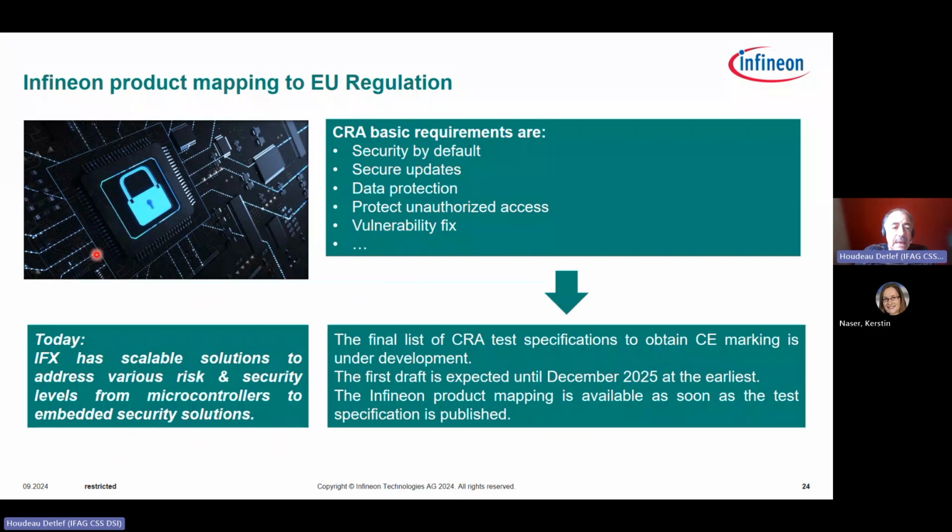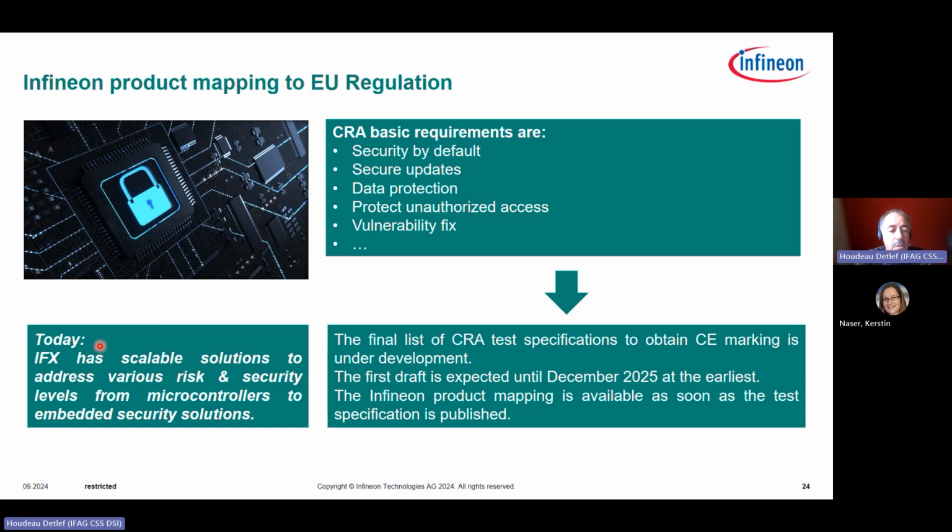So regarding the Infineon product mapping to the European regulation, you see on the left side, Infineon has a scalable solution to address various risk and security levels, from microcontroller to embedded security solution. So we have microcontrollers and microprocessors which have standard function.